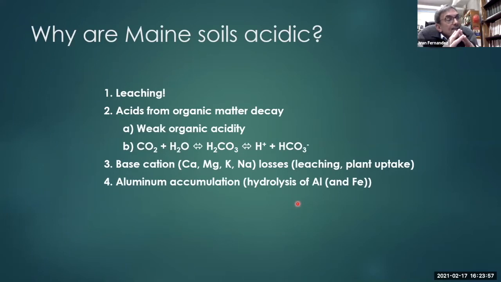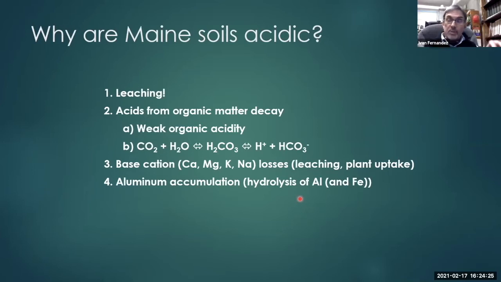At the same time, many of our soils, and certainly most of the soils down east, are what we call aluminosilicates, meaning the building blocks of the mineralogy of the soil is aluminum, silica, kind of tied together with oxygen, and everything else is a sort of secondary impurity in the mineral itself.